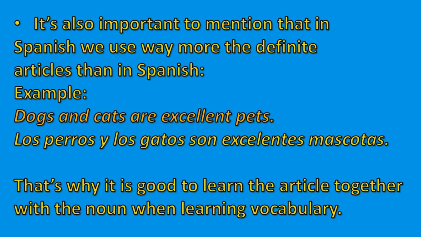So that way you learn it like by heart and it's not so confusing. You don't have to think about the rules. Anyway, it's also important to learn the rules in the case that you need to use that information. It's always important to know grammar rules. But my advice, learn the article together with the noun when learning vocabulary.